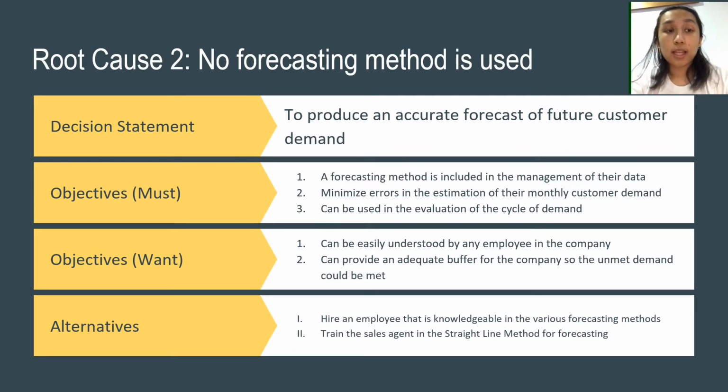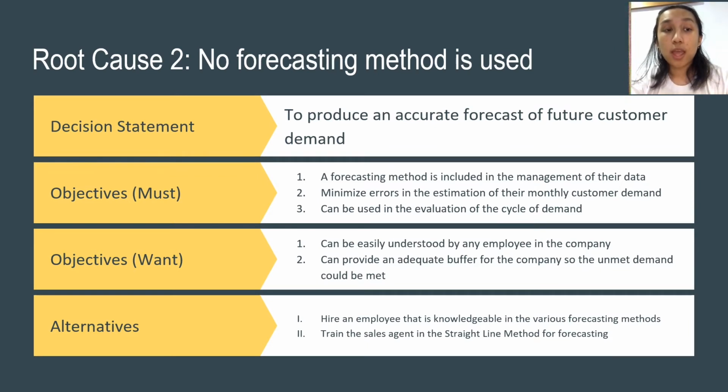And lastly, it can be used in the evaluation of the cycle of demand, which will help in their orders or their production number and balance what would be ordered and what is ordered. So objective 1 can be easily understood by any employee in the company, as we want to familiarize the current or newly hired employees with the forecasting method so everyone is skilled in it or trained somehow.